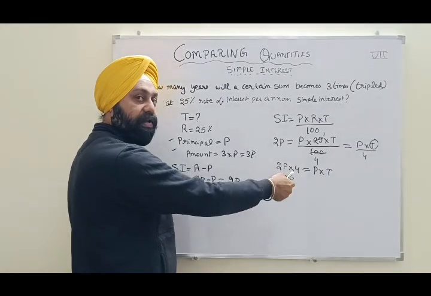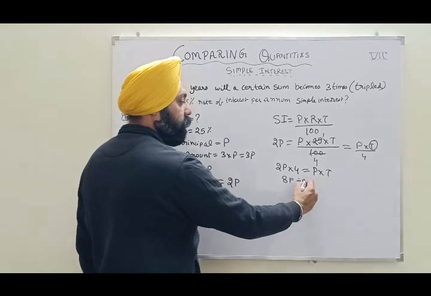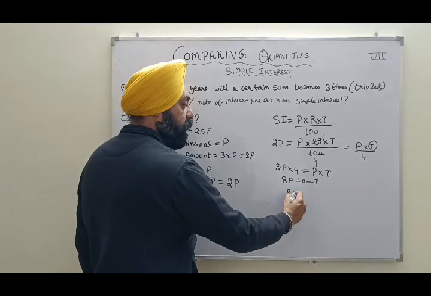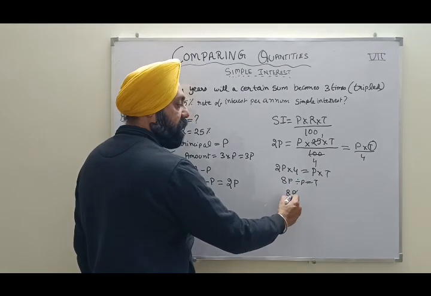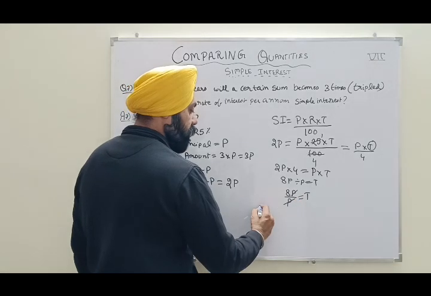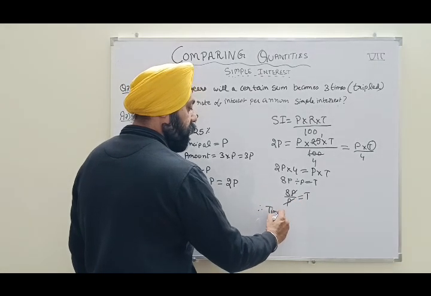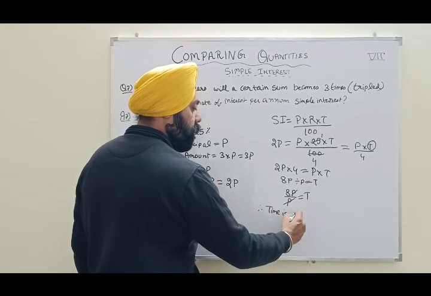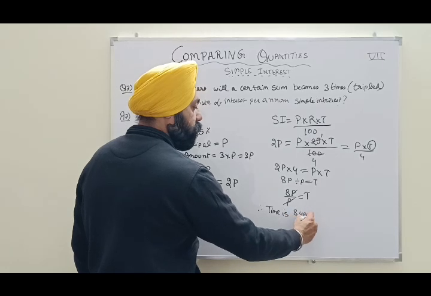It is getting multiplied with T, so it will go there and get divided. So 8P upon P, P and P cancel out, so T. Therefore the time required is 8 years.